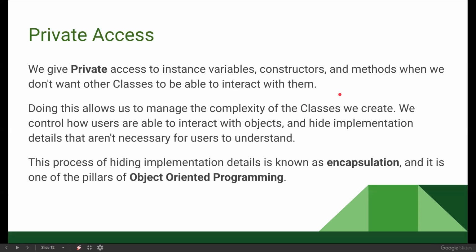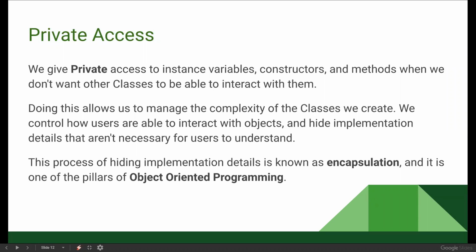For private access, we're going to give that to instance variables, constructors, and methods that we don't want to be able to be interacted with from other classes. And doing this is going to allow us to manage how complex our classes are. We're going to control how users are able to interact with our objects, and we're going to hide any implementation details that aren't necessary for them to understand.